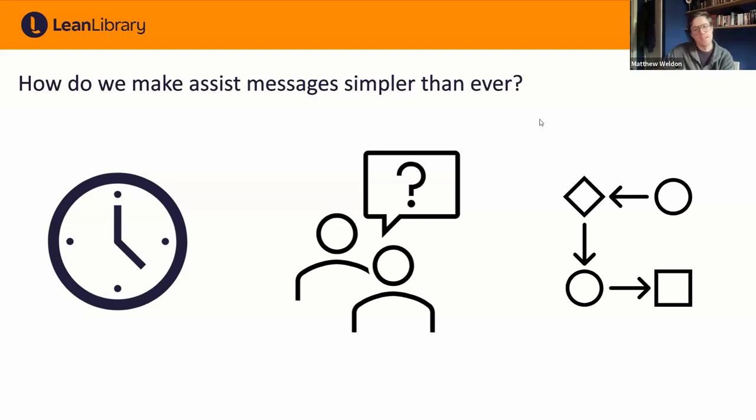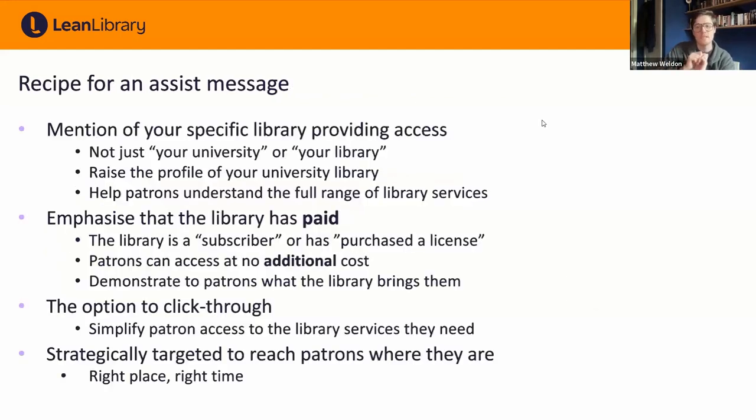And so, if we go to the next slide, we'll also see one of the other considerations we had, which was this recipe for an assist message. The way we came up with this is we looked at all of the assist messages that our users have put in place over the course of the past few years. We looked at the resources they were targeting and the wording that was being used. And we also looked at how successful those had been, or to put it another way, how viewed they had been and how many clicks through to other sites those assist messages had generated.